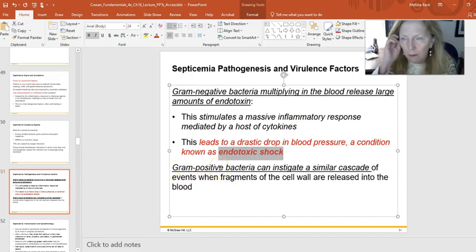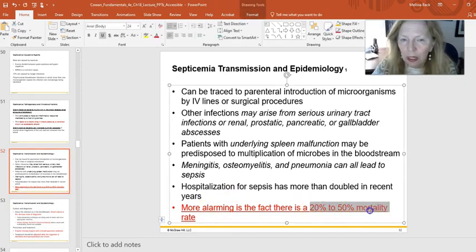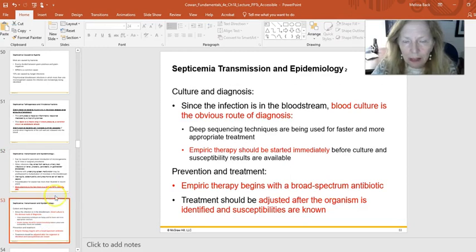Gram-positive bacteria often can be similar to this, but it's due to their exotoxin, so it's a little bit of a different kind of reaction. Again, 20 to 50% mortality rate, and we're talking about with best medical care. So high, depending on what the etiology is, what the agents are, and it can be a lot of different bacteria that can cause this.